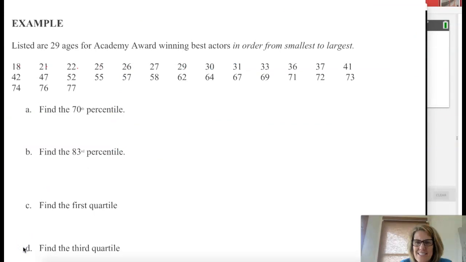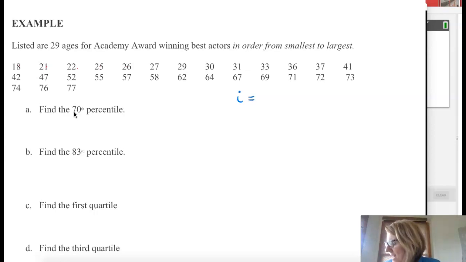Okay, so if we're finding it directly from our set of numbers, the 70th percentile, if we have a whole number here, for example, 50, we can usually just multiply it. However, with some different sample sizes, there is a formula to find the place value of the 70th percentile. So i is actually the position.